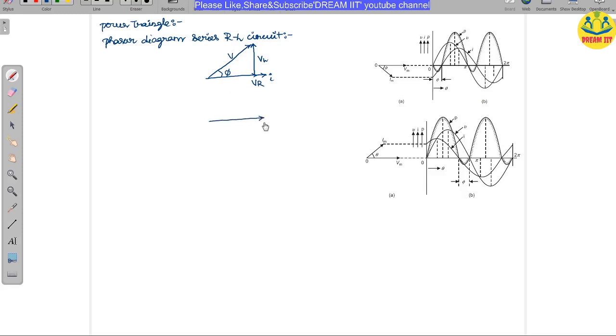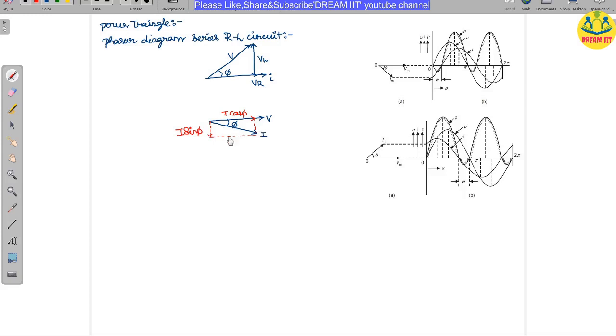Then the current is lagging by some angle phi, as we already know. The current will have two components: one in phase with the voltage vector, I cos phi, and another perpendicular to the voltage vector, I sin phi.